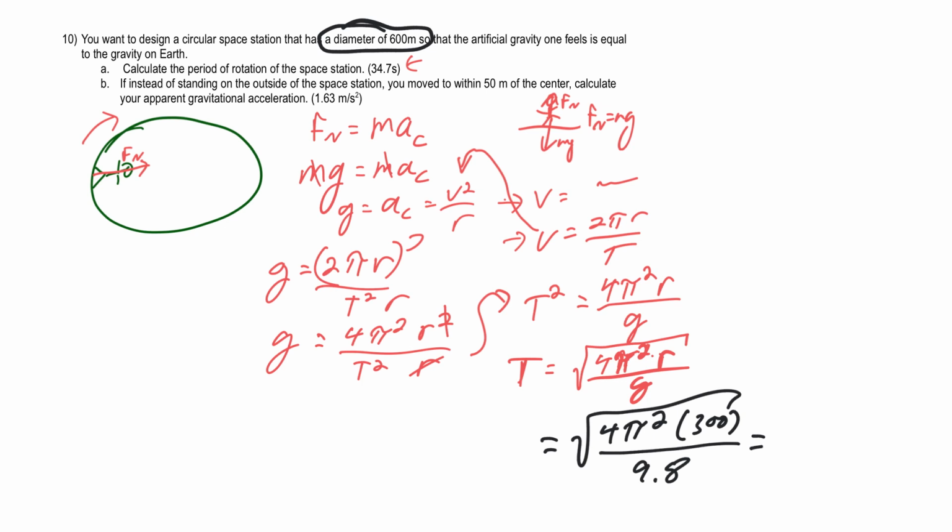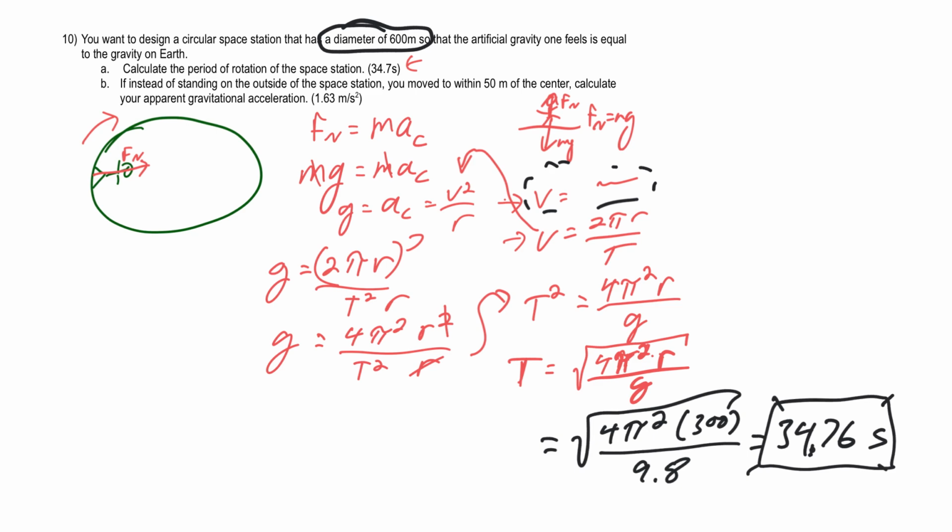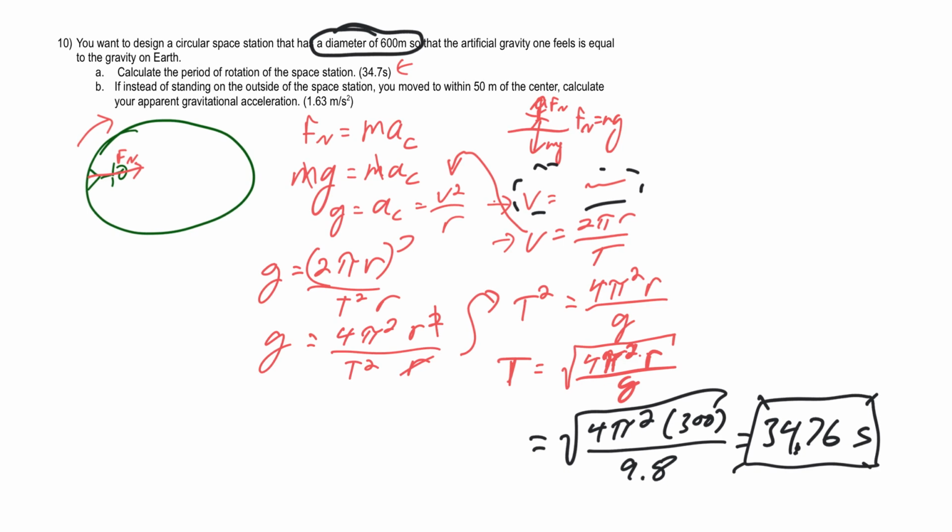If you did it like this, I'm getting 34.76 seconds, that's the time. If you did it in the two-step process I talked about before, you should still get the same answer. It's probably easier, to be honest, but you should know how to derive it if you need to. All right, the next one.